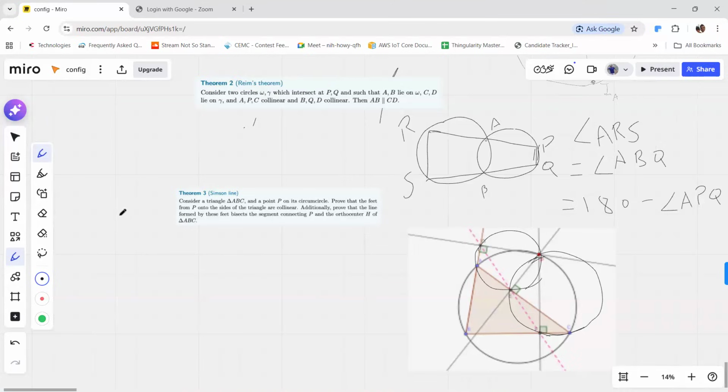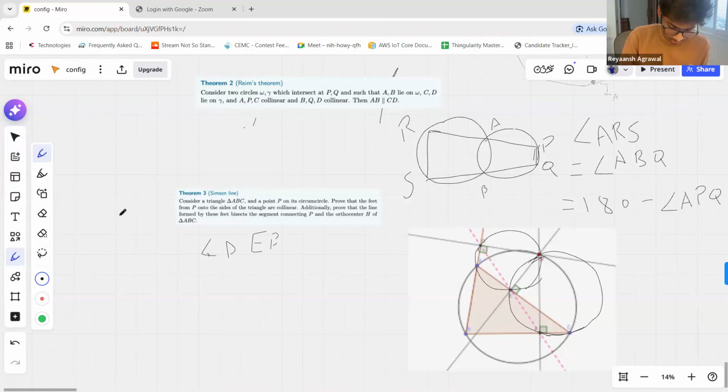DEP is equal to DAP by cyclicity, and PEF is equal to PCF. Okay, so you're using directed angles. Yes, and both are equal since ABCP is cyclic. Okay.